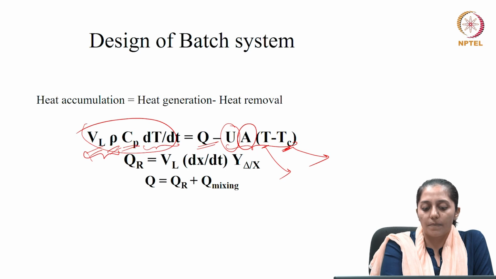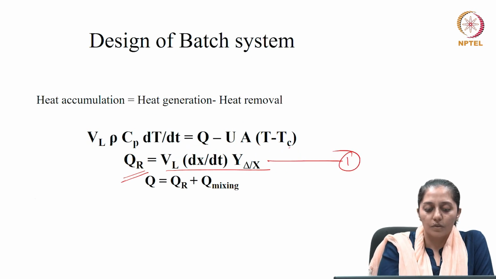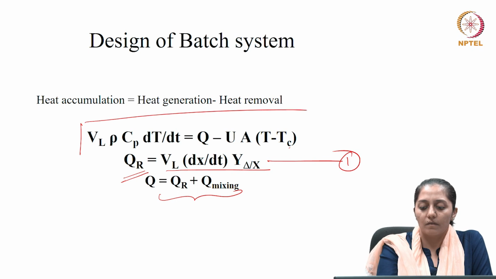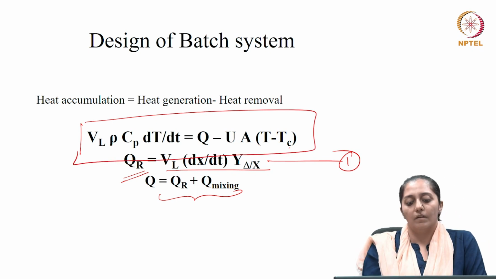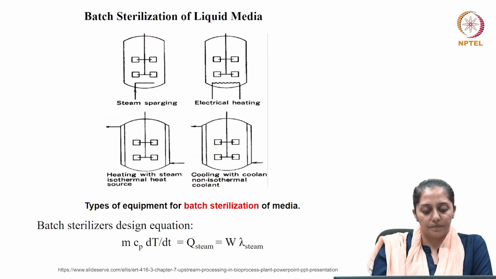So, this is the heat balance. The heat of reaction can be given as shown in this equation. The total amount of heat generated, which is to be removed, is QR plus Q mixing. So, this is the equation which governs the rate at which the temperature is going to change during the fermentation process in the medium.